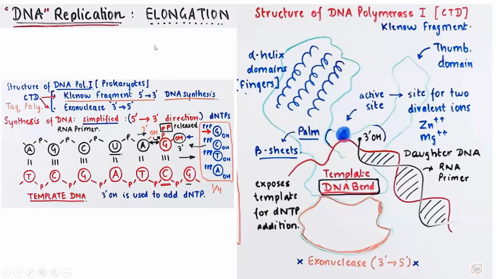So if we see the structure biochemistry of this elongation process, then we can see the polymerization occur towards the 3' end direction of the growing strand.